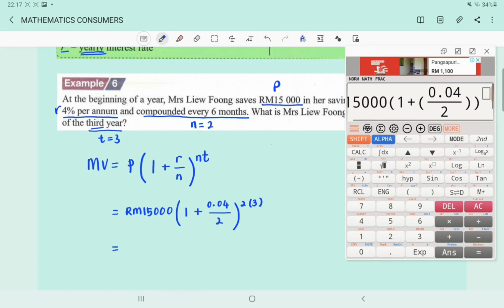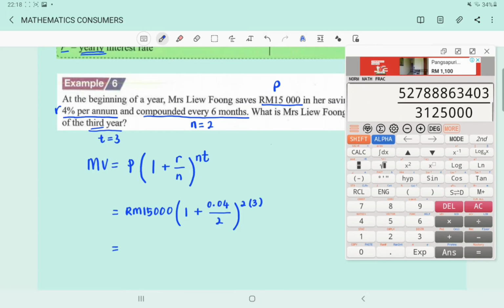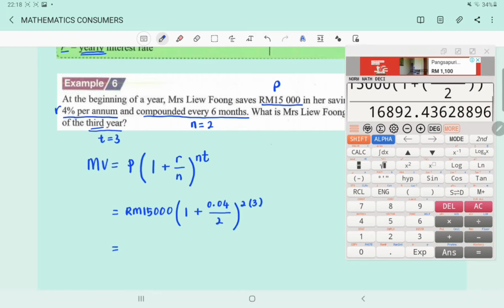The answer is RM16,892.44. You write it in 2 decimal places because it is in cents. So the total saving is RM16,892.44.